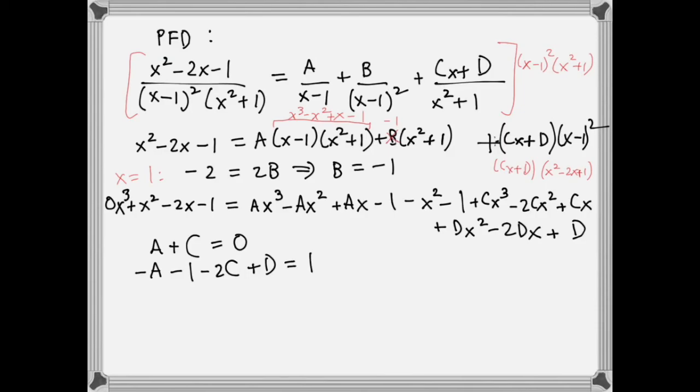And these are the square terms. If I look at x, I have A plus C minus 2D is equal to negative 2. And then if I look at my constant term, on the right I have negative A minus 1 plus D is equal to negative 1.